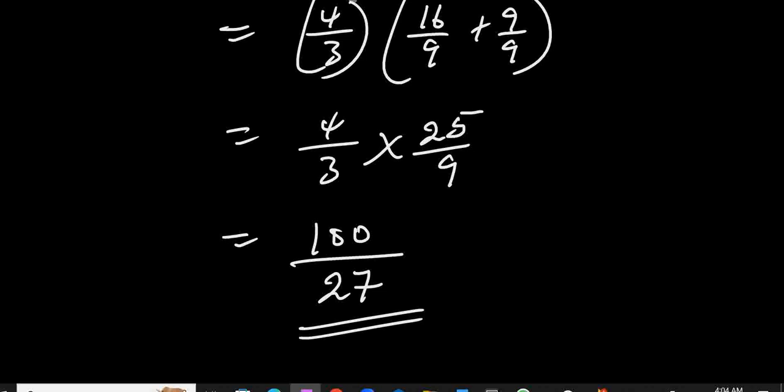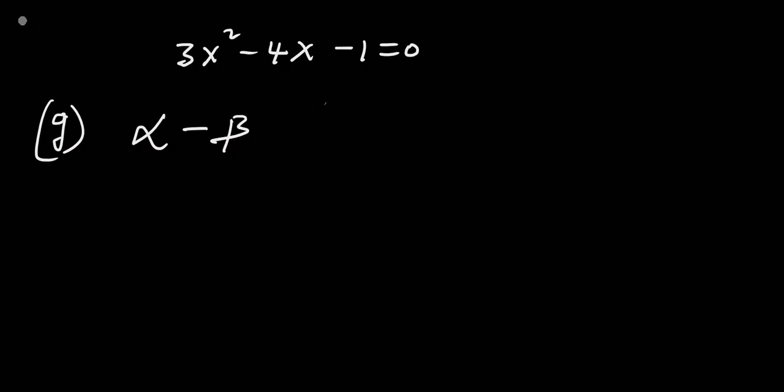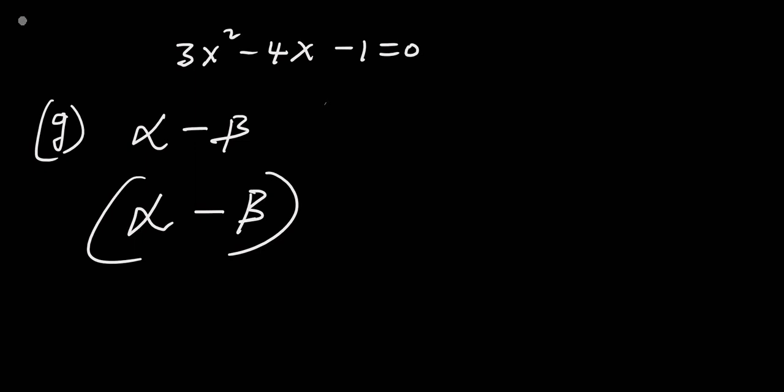All right, let's go to the next question. Question G, alpha minus beta. To solve this problem, first we are going to find a means of deriving this question. And we can do that by simply using this expression.